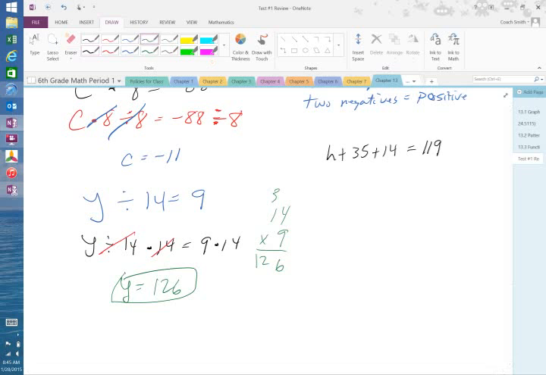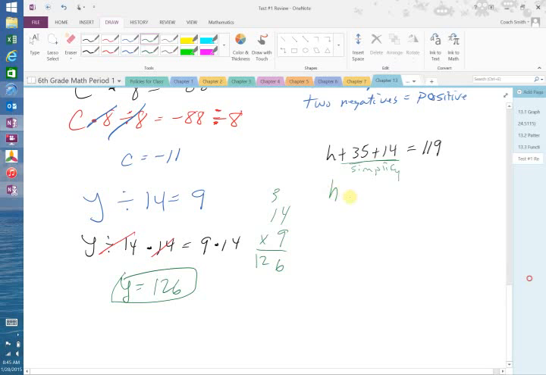Here, I'm going to simplify 35 plus 14. What is 35 plus 14, Michael Burton? That is correct.